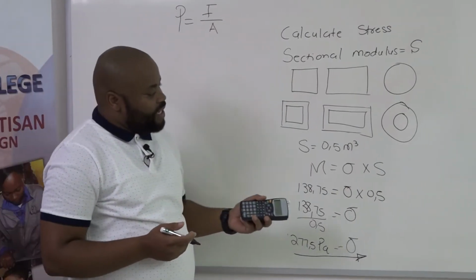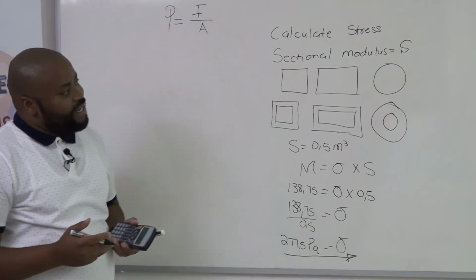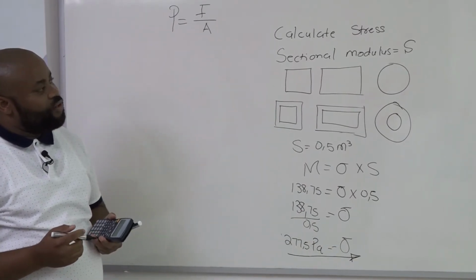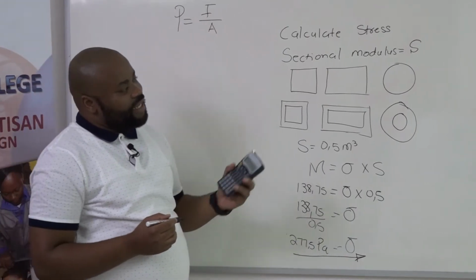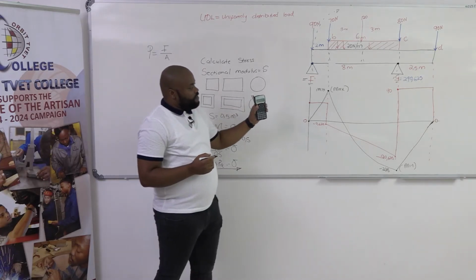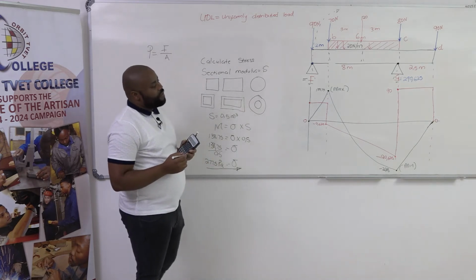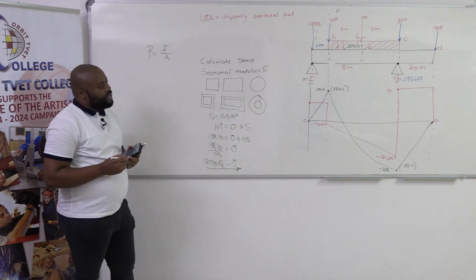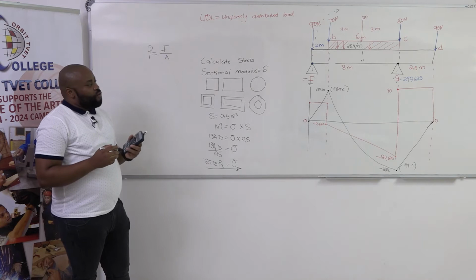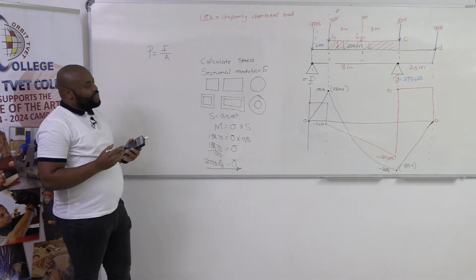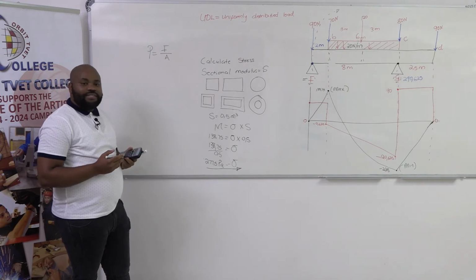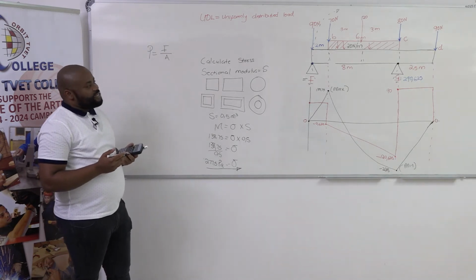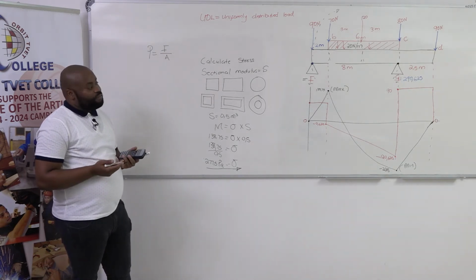From here, I would like us to recap what we have been doing. We started by calculating the reactions F and G. Our reason for calculating our reactions is to determine the strength of our beam, whether our beam can sustain the types of forces that are being exerted on it.